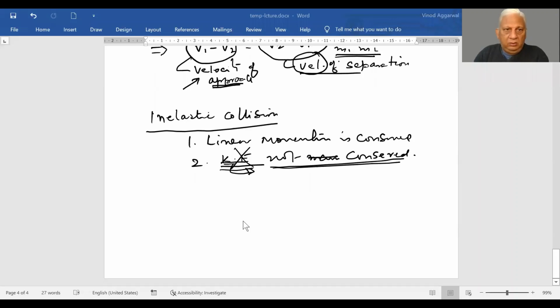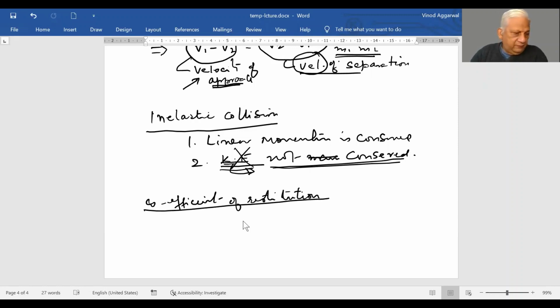Now we define a term called coefficient of restitution. In layman's terms, okay, first let me give you the value range. We define it by a letter E. This is always less than 1 and it is always greater than 0. It lies between 0 and 1.